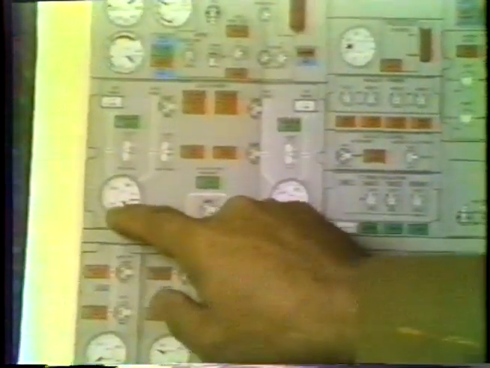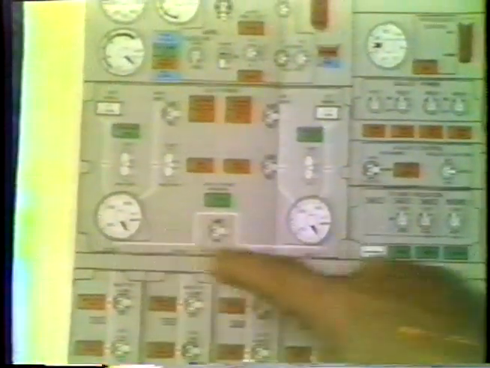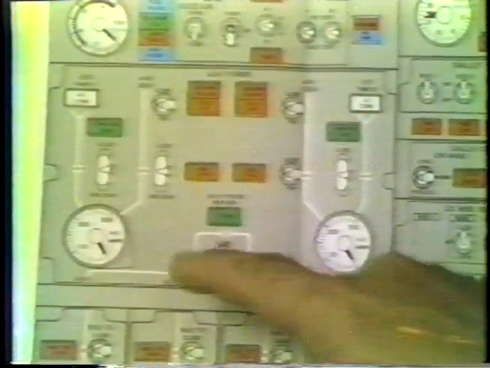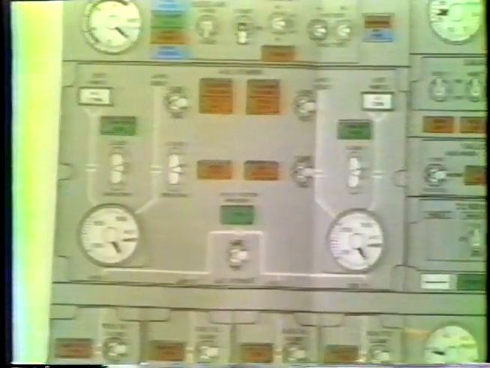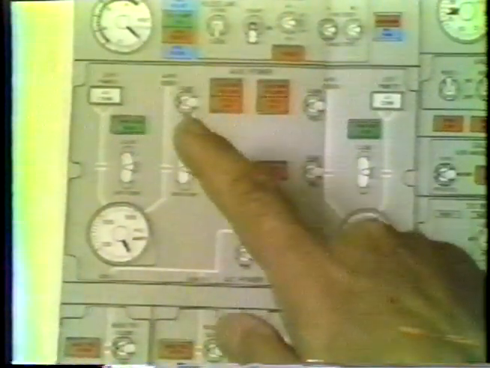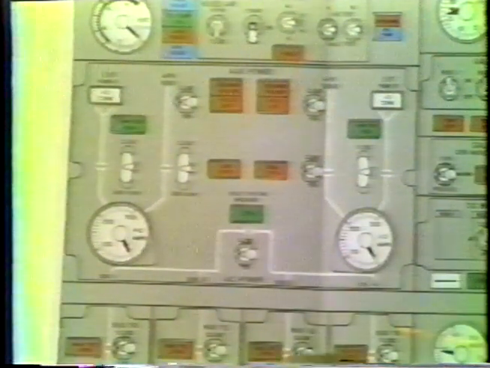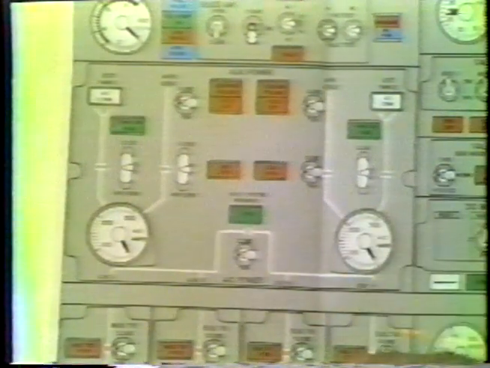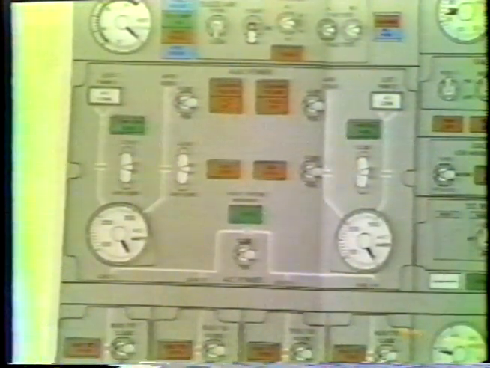The amps would drop on the number 1 meter, and amps would come up on number 2, and buses 1 and 2 would now be powered by APU number 1 generator. Buses 3, 4, and essential power would be powered by APU number 2 generator breaker.